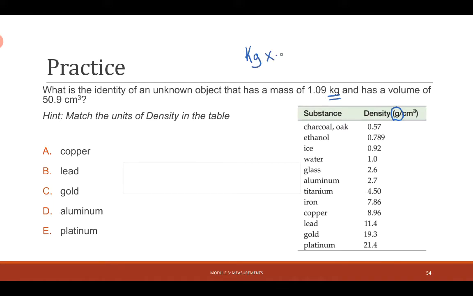Kilograms, I know I have to cancel out the kilograms and get into grams. That's 1.09 kilograms, and there are 1,000 grams in 1 kilogram. And so my mass is 1,090 grams. Underline my sig figs so I can track them.